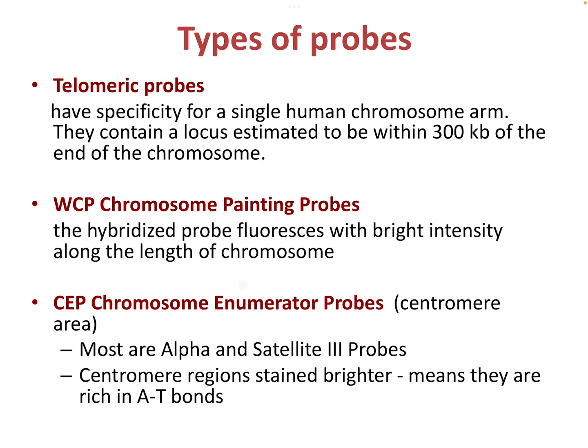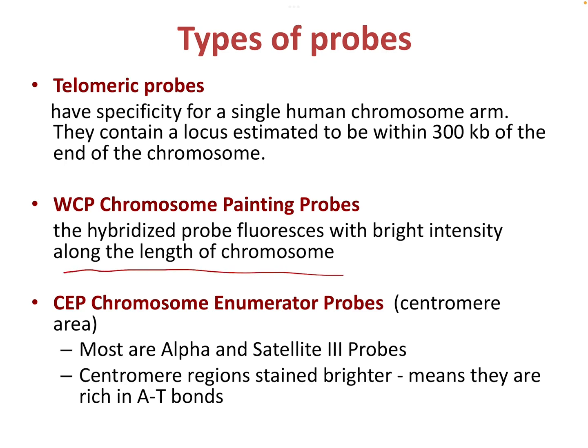So for emphasis, telomeric probes have specificity for a single human chromosome or they contain a locus estimated to be within 300 kilobases of the end. So it is at the end only of the chromosome. The whole chromosome painting probes hybridize with fluorescent probe with bright intensity along the length.